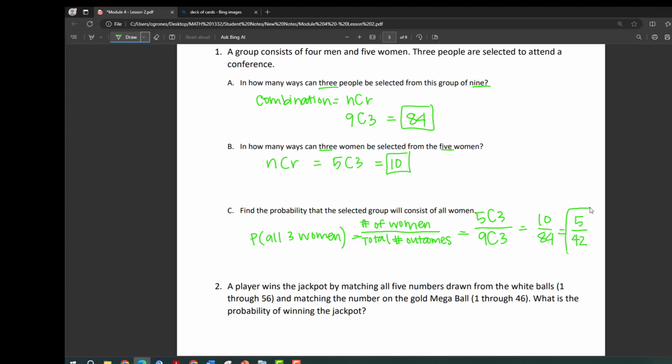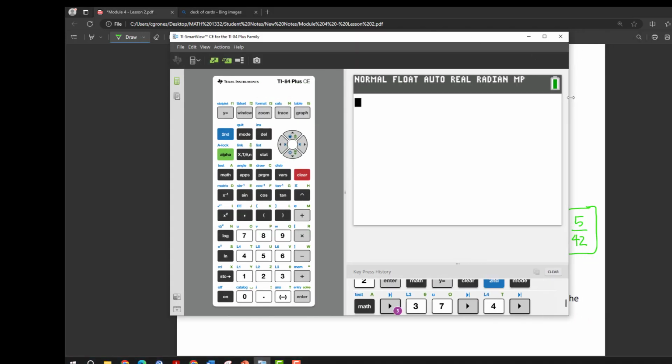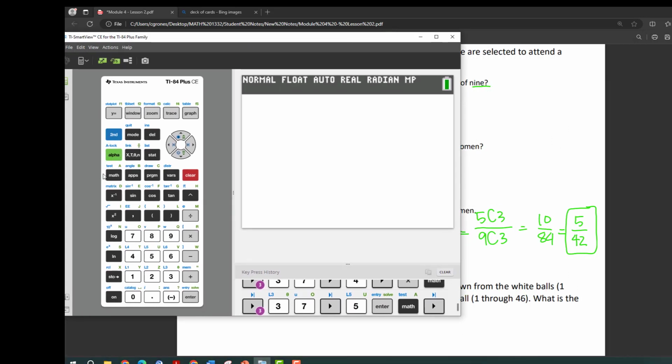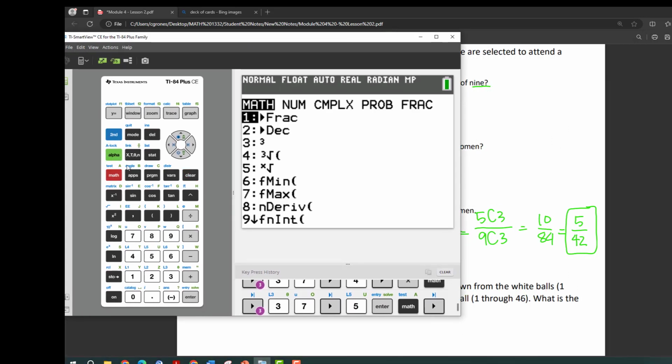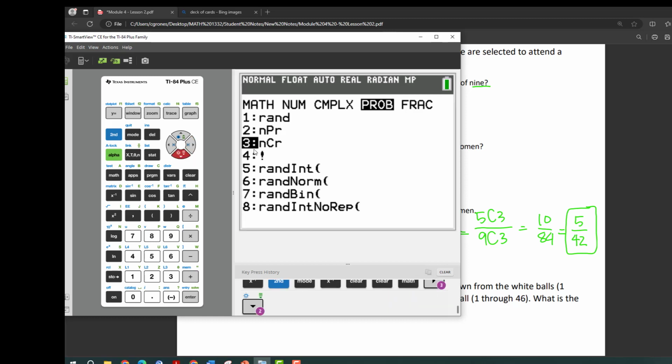So let me show you how you want to do this in your calculator. Let me make this a little bit smaller. So remember, you're going to click math and then use your arrow to scroll over to probability, and then we can scroll down and select nCr.